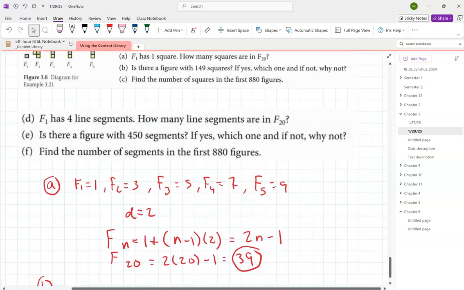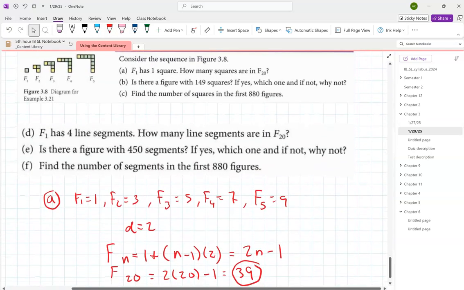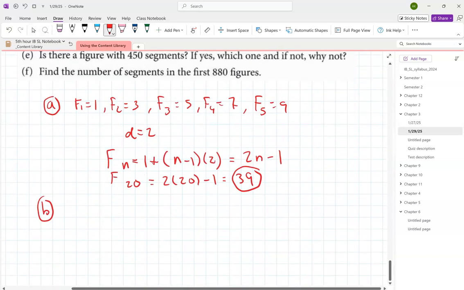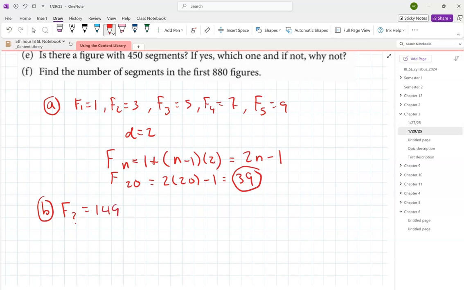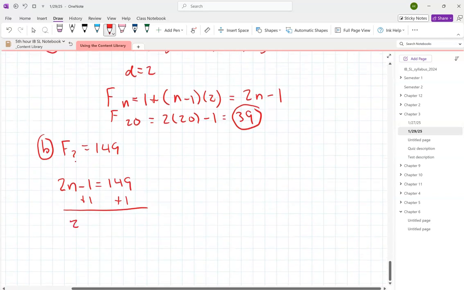Part B, it says, is there a figure with 149 squares? If yes, which one? If not, why not? So basically, I just want to know, is there some F that equals 149, right? Okay, well, I'm basically just going to do 2n minus 1 equal to 149. So just solve that. We'll add the 1 over. We'll divide by the 2.